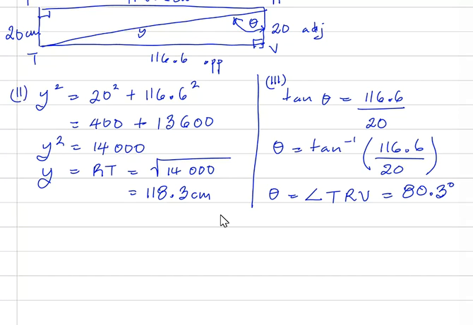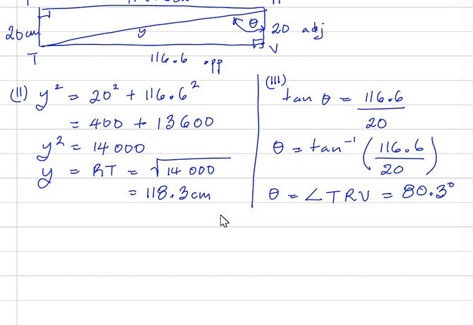All right. The fourth thing, they ask us to complete the following statements. It says the size of the angle through which the wire moves from PR to RT is the size of the angle through which the wire moves from RP to RT.